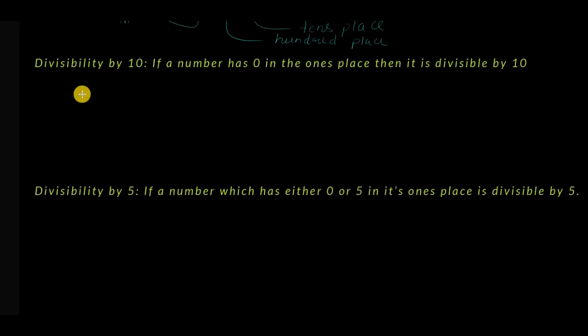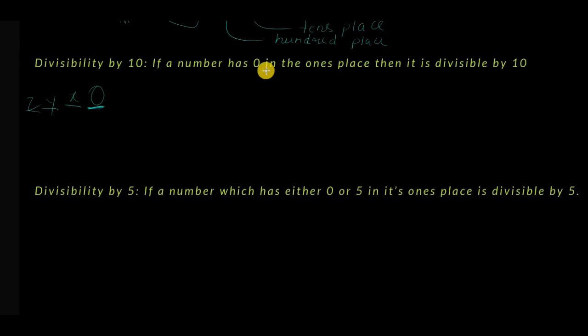If a number is divisible by 10, then the ones place, meaning the last digit, will be 0. If it's not 0, then it's not divisible by 10. Before that, any number can come: x value can be anything, y value can be anything, z value can be anything, but here we need to have 0.